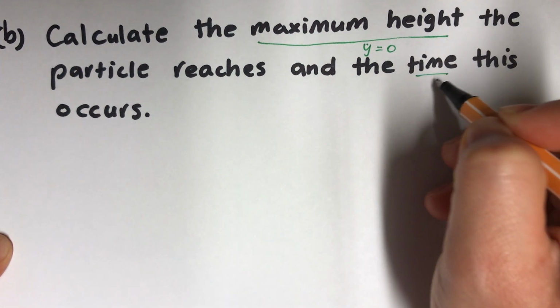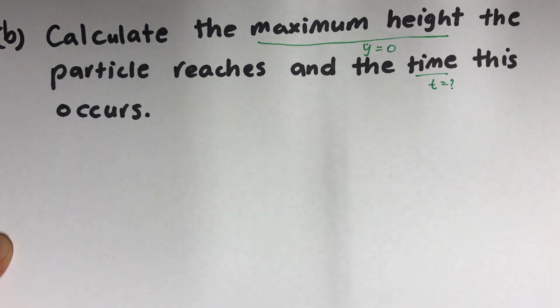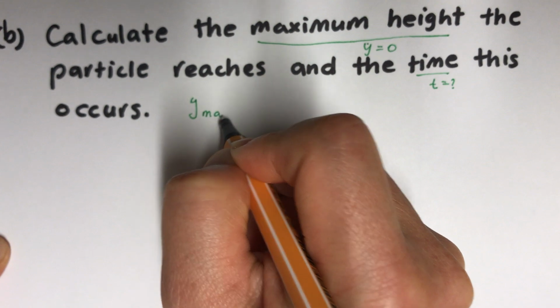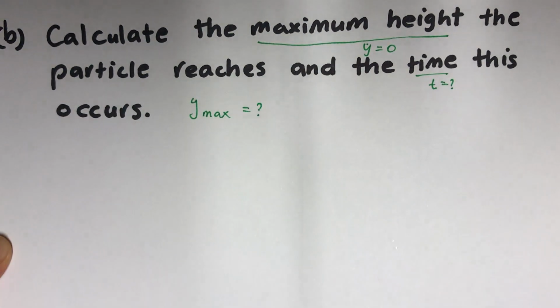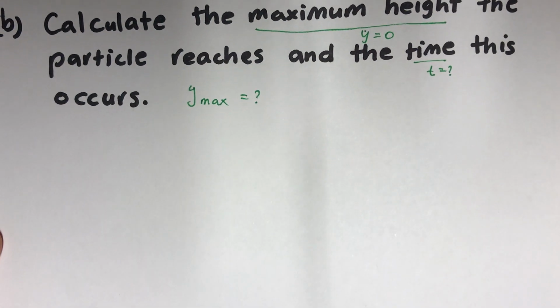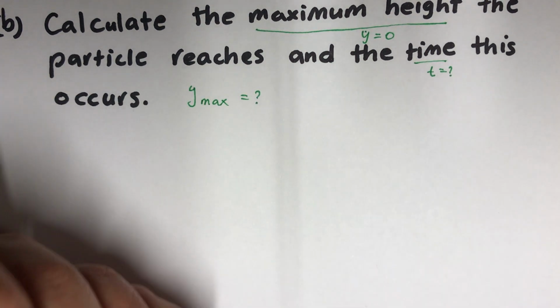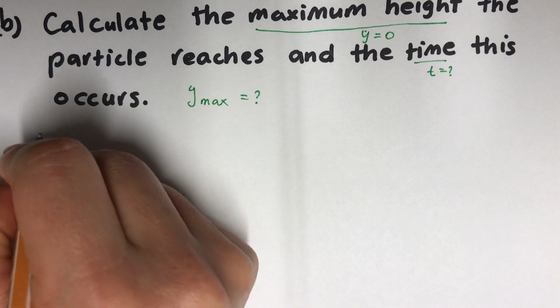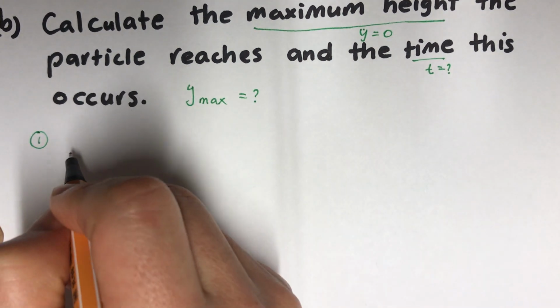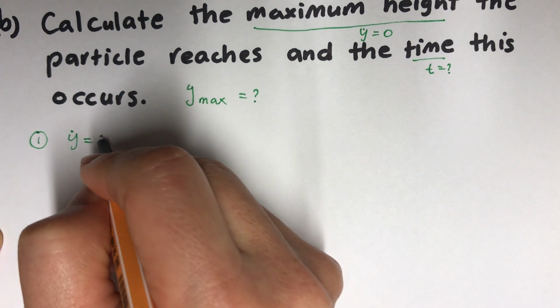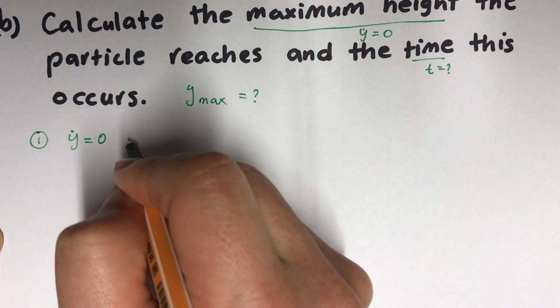So we want the time, and roughly this is what we're looking for, and the time of flight. First, when the vertical velocity equals 0, we have to find t.